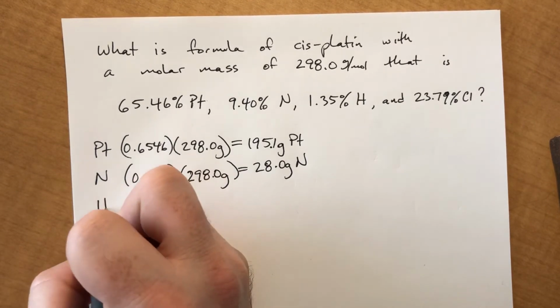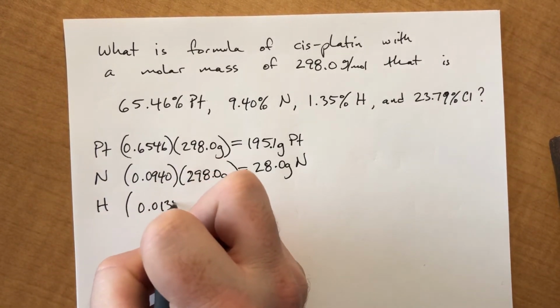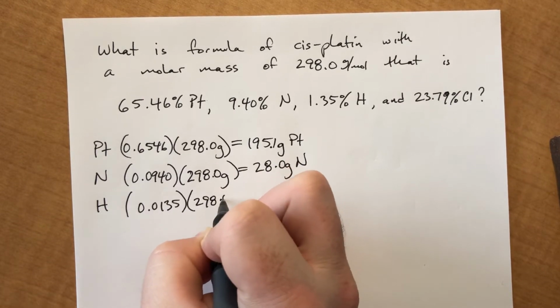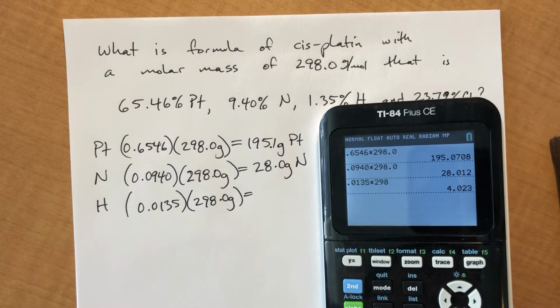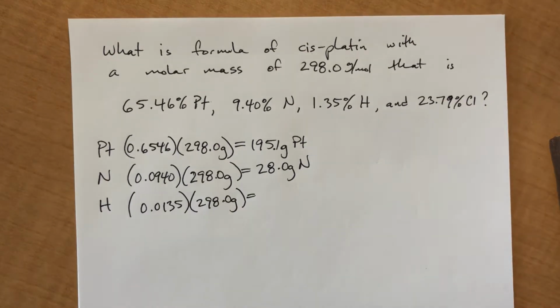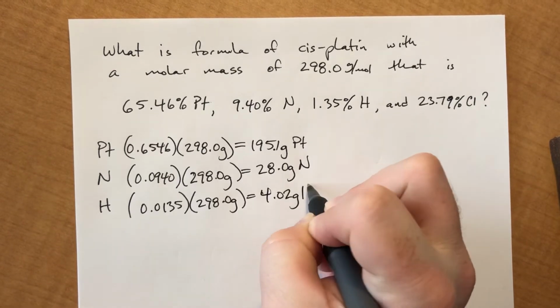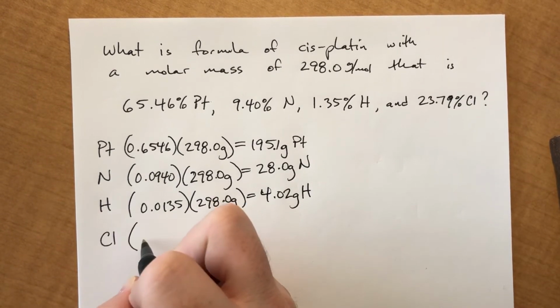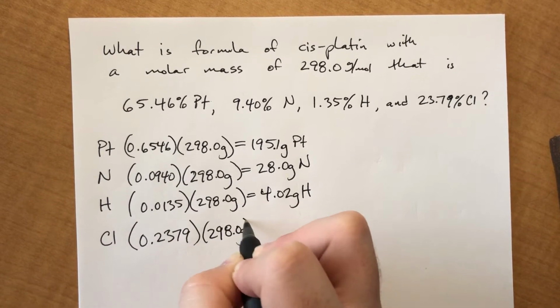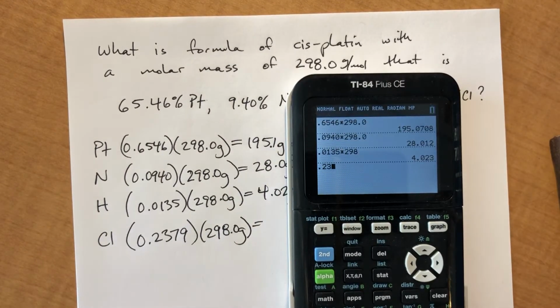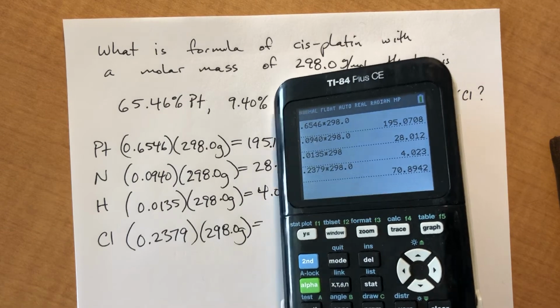Okay, for hydrogen, we have 0.0135 times 298.0 grams, and I got 4.02 grams of hydrogen. Same thing for chlorine, 0.2379 times 298.0, and I got 70.89.